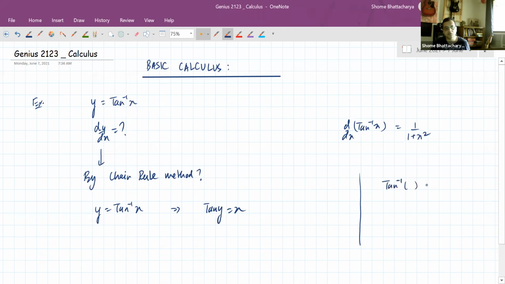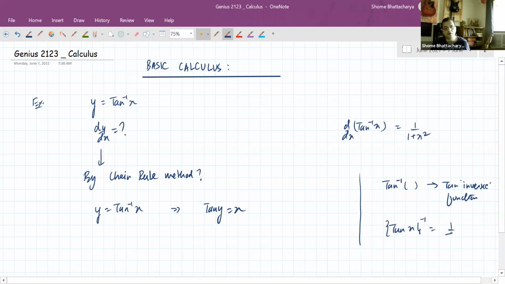So this is the tan inverse function. First of all, this should not be confused with this. This is 1 upon tan x, but this is tan inverse of x.